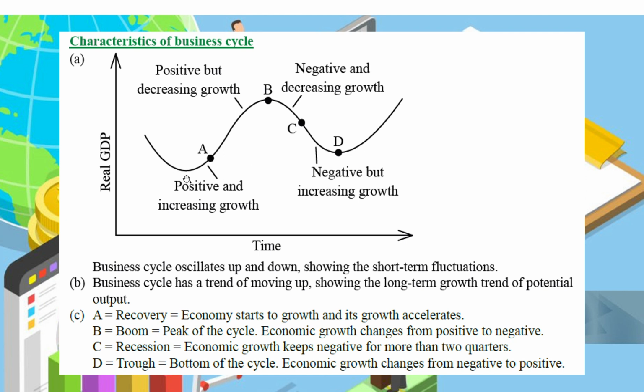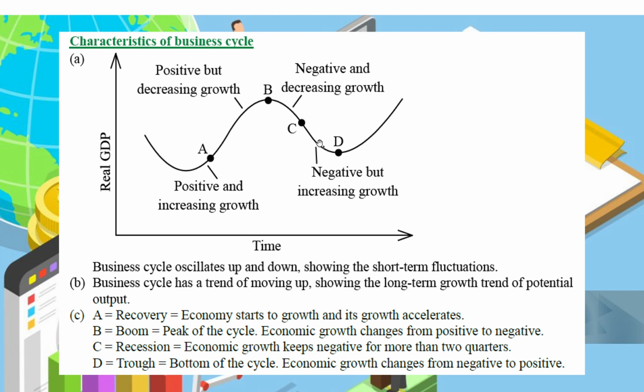First, A is recovery. It comes out from the trough, and the economy grows at a higher and higher growth rate, so the curve goes upward. Then the peak is the boom, the maximum, where real GDP changes from increasing to decreasing, so the change of real GDP is approximately zero there.